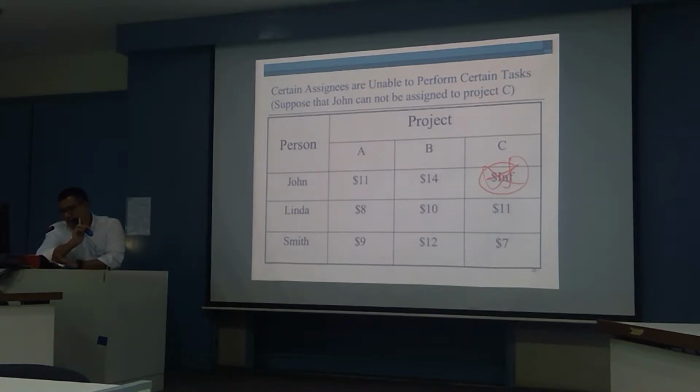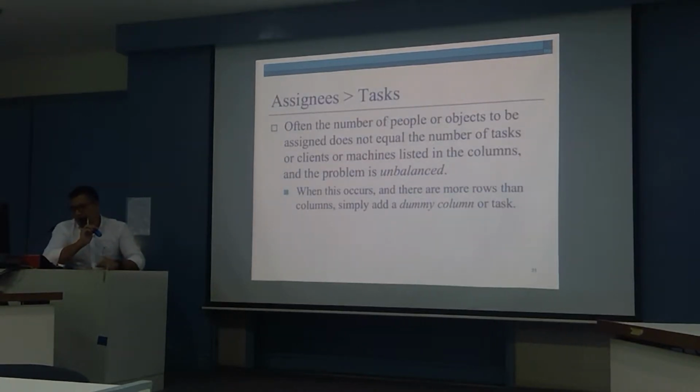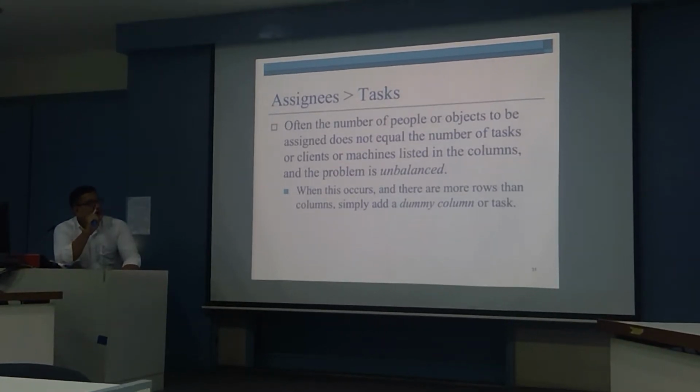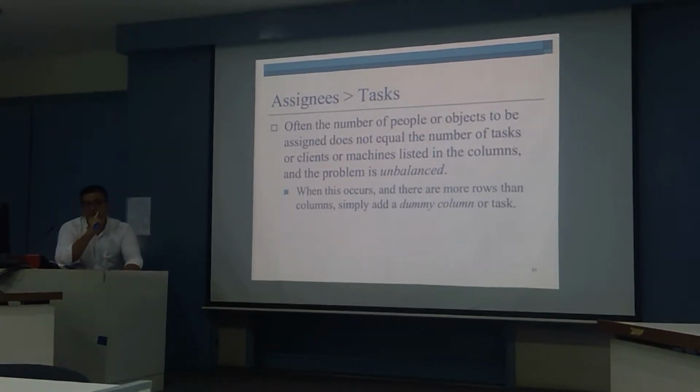The second special case is when the number of assignees and the number of tasks are unequal. For example, the number of assignees is more than the number of projects. Last week we learned that if demand is not equal to supply, you develop a dummy row or dummy column. This is the same concept.